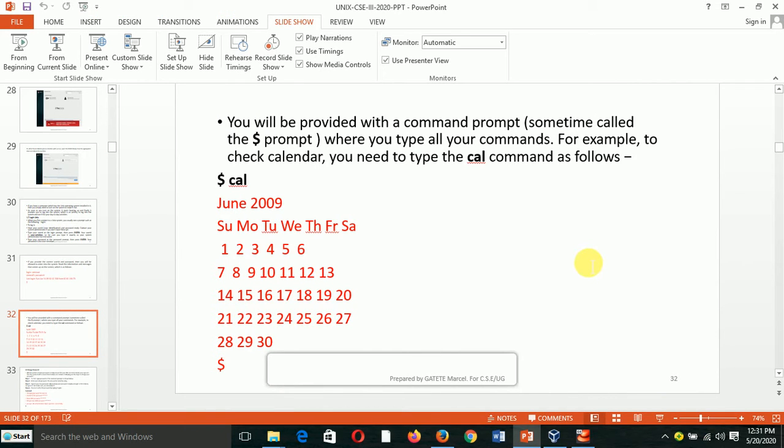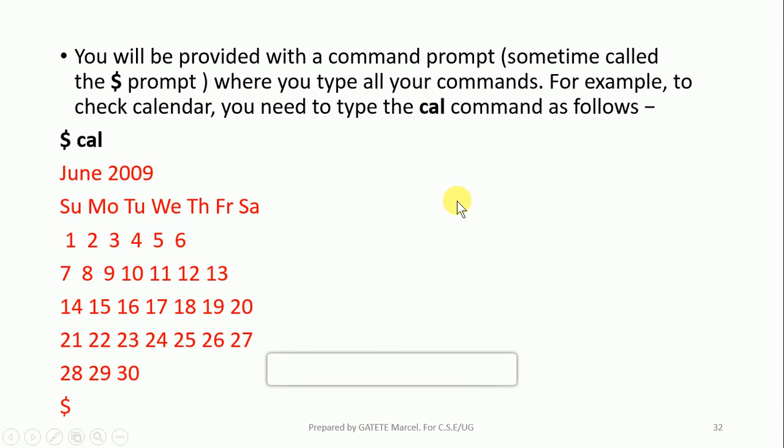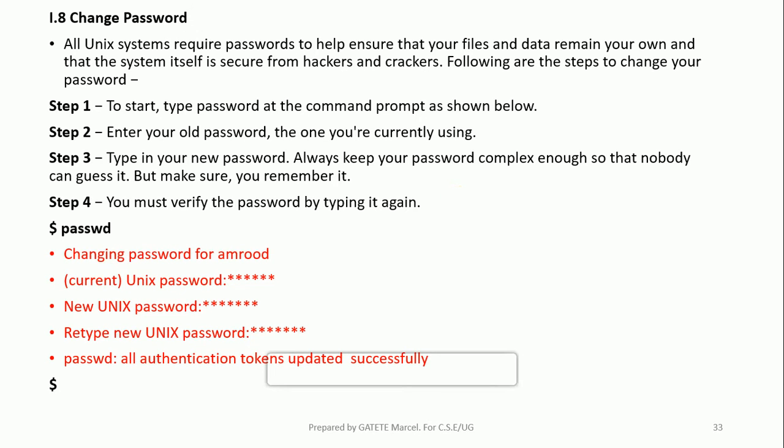So after that, what we are going to do, we are going to see the next. We can change your password. It means that our Unix system requires a password to help ensure that your files and the data remain your own, and that the system is itself secure from hackers and crackers.